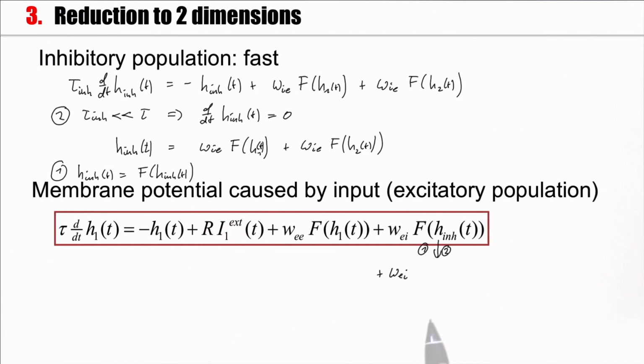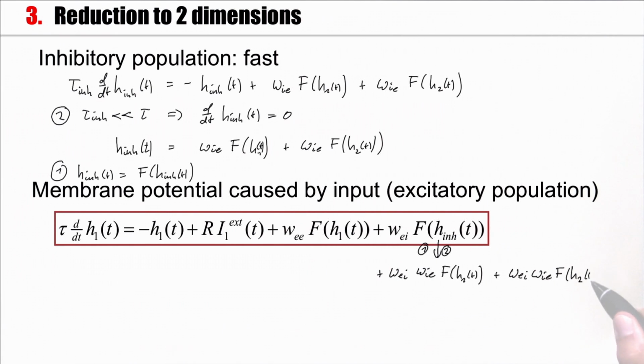And then I plug in this term, so I have WEE f of H1 of t plus, I copy this, WEI, WIE. I have this, I take this, f of H2 of t.